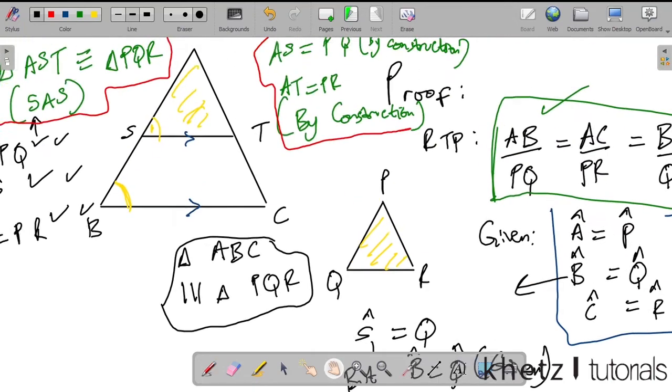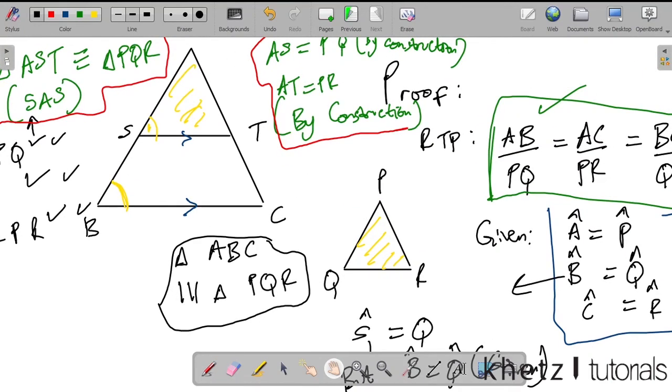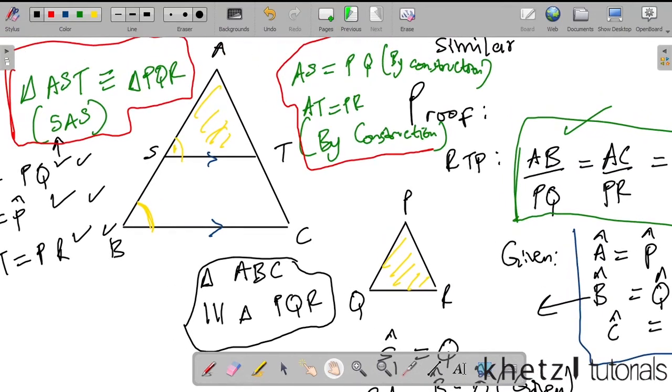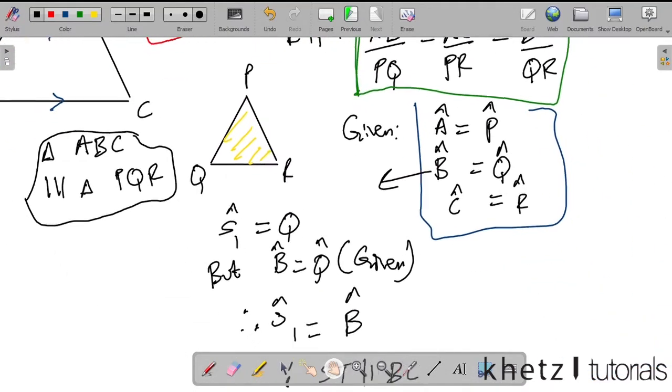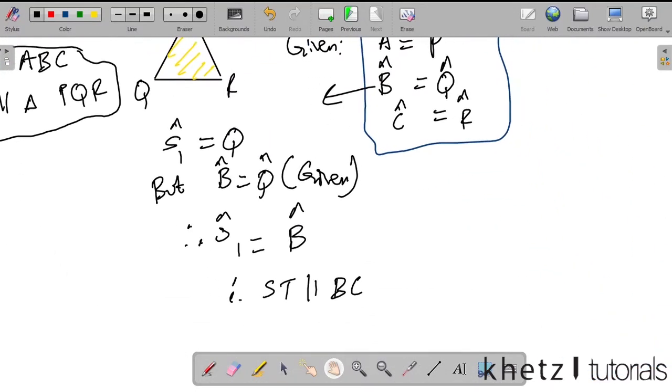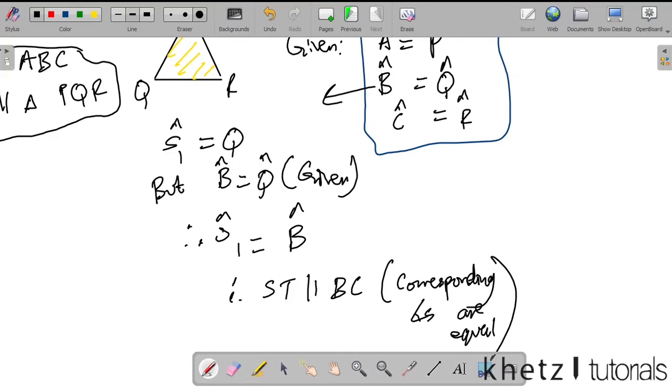The only way that we'd have this angle S1 equal to B would be if these two lines ST and BC are parallel. And we can conclude that these are parallel because we have corresponding angles that are equal, right?